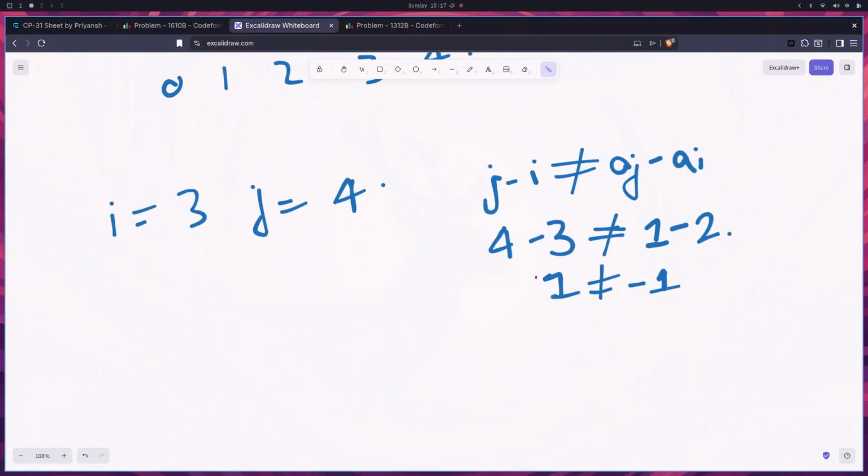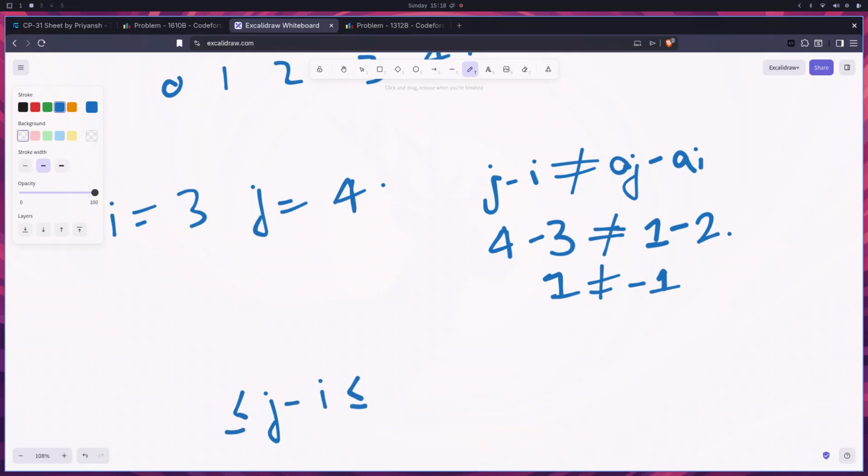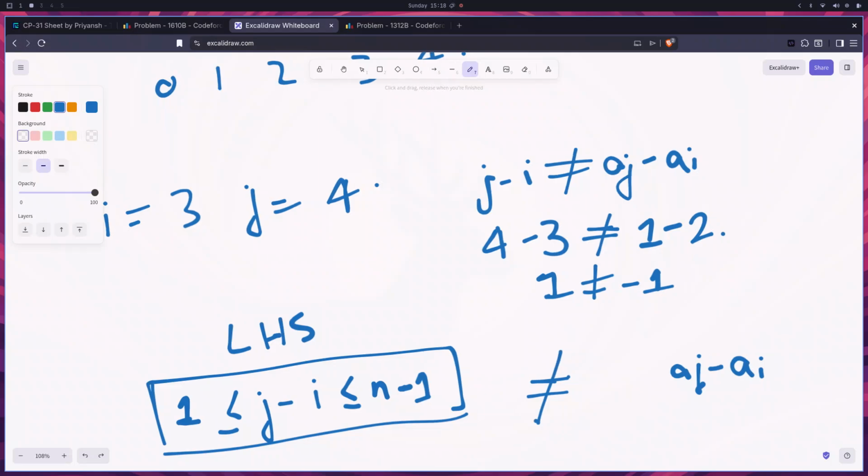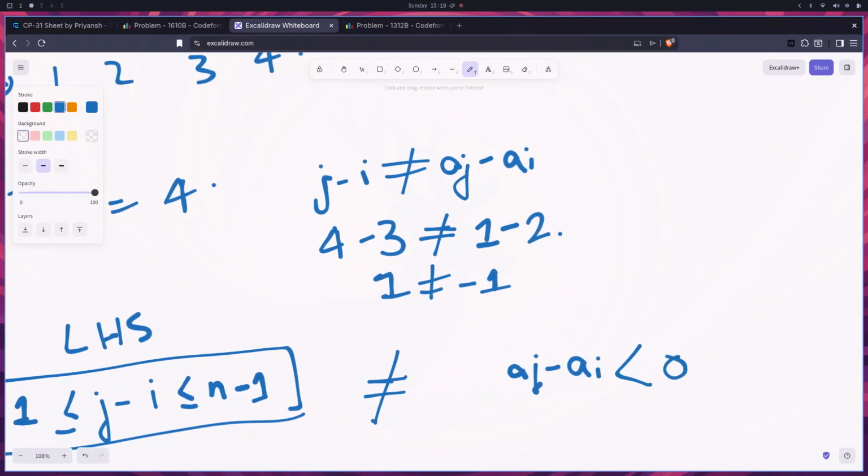Okay, this condition is satisfied. The difference of positions, j minus I, will always lie from 1 till n minus 1. This is the LHS, right? The LHS, the difference of positions, should not be equal to the difference of the values at those positions, which we say will always come negative.